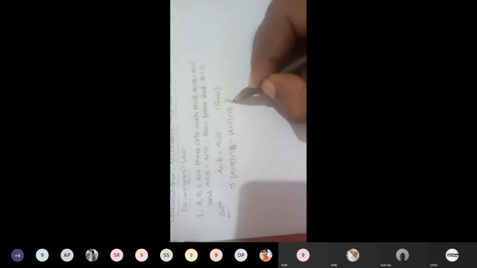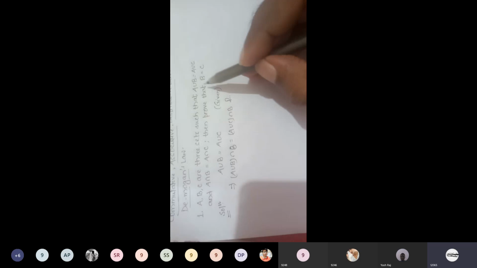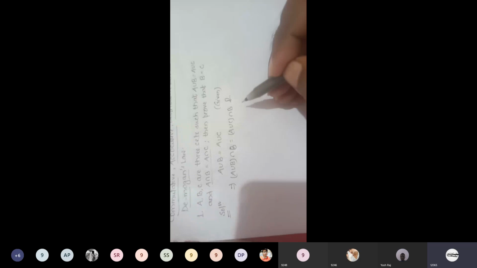Similarly, you have also been given A intersection B is equal to A intersection C. In this, take intersection with C into both sides, or you may leave it. First come here. (A union B) intersection B is equal to (A union C) intersection B, right? See what is to prove: B is equal to C.